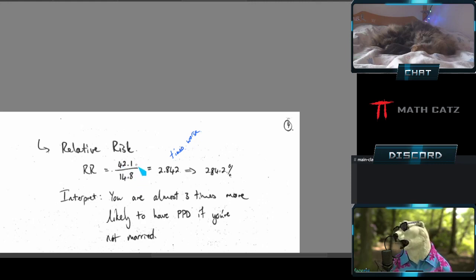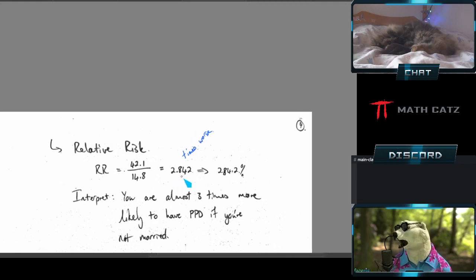And I simply put them into context by dividing the small one into the big one, and I get that my probability, I'll emphasize, my probability of having postpartum depression being unmarried is almost 3 times more than my probability of having postpartum depression being married. It was a ratio of probabilities.